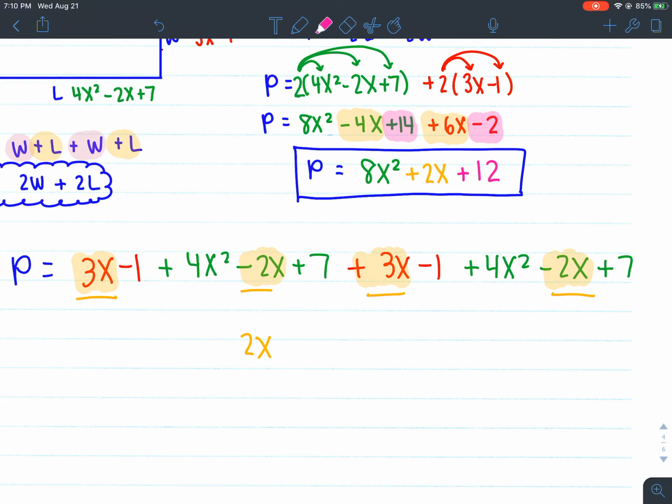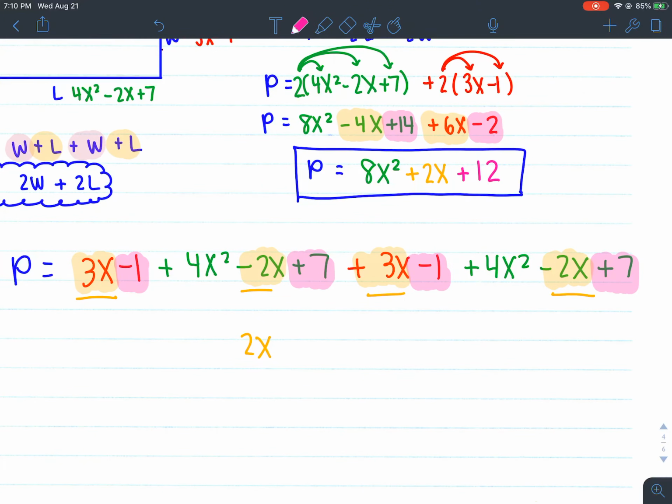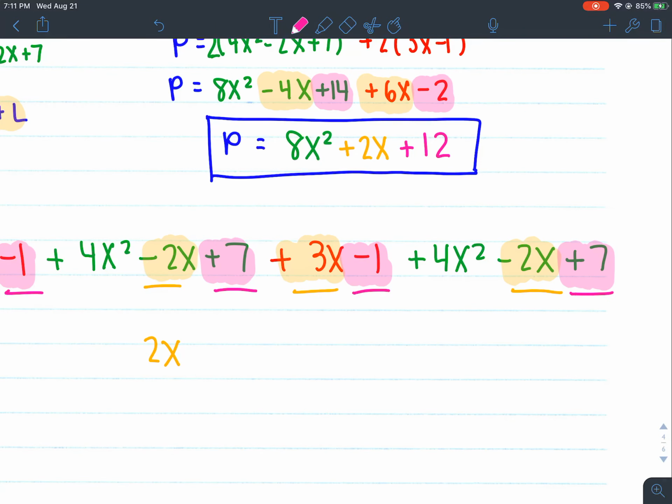Now we're going to look at our constants, which is negative 1, plus 7, minus 1, and positive 7. Negative 1 plus 7 is 6. 6 minus 1 is 5. 5 plus 7 is 12.